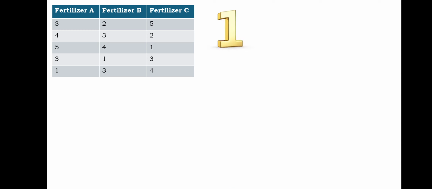The first thing we will do is find the mean of all data. Fertilizer A has 5 plants, fertilizer B has 5 plants, and fertilizer C has 5 plants. In total we have 15 plants. Keep in mind that the samples in one category cannot be less than 5.